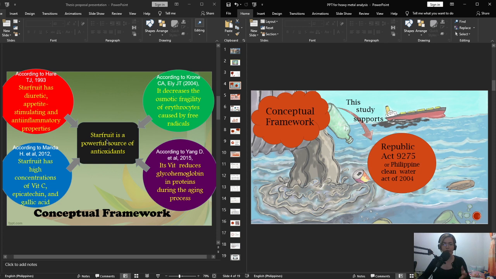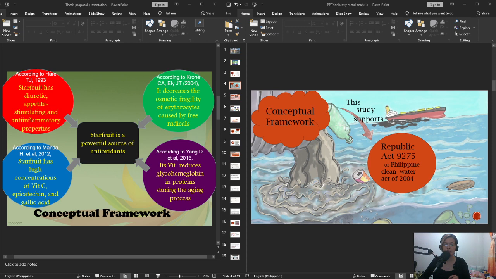That's why you need to study the antioxidant property of the star fruit. And on the right side of your screen is what supports the Republic Act 9275, or the Philippine Clean Water Act of 2004, wherein you're going to assess the water quality of that certain river. So this is enough representation of your conceptual framework.